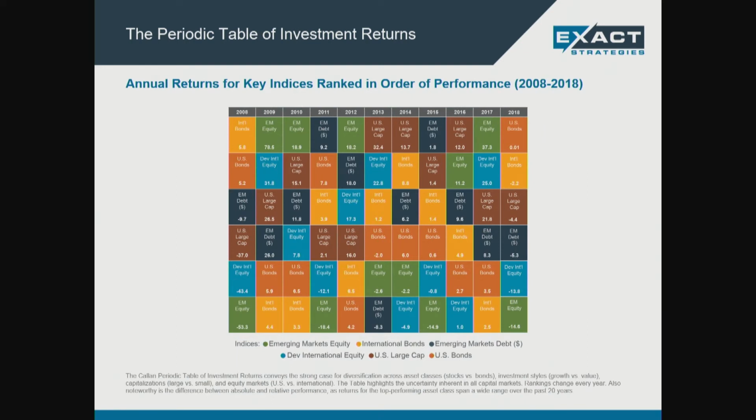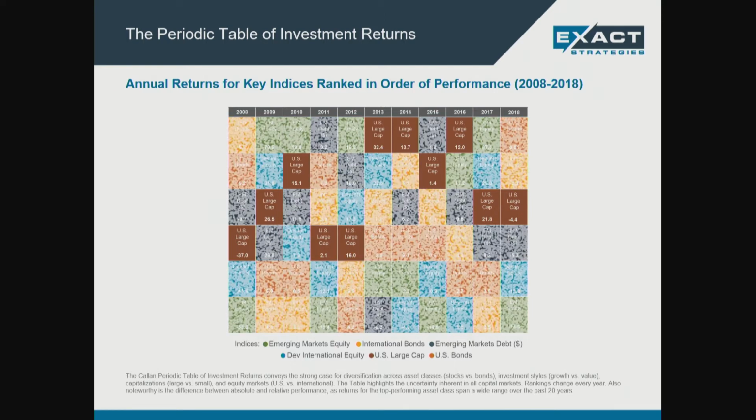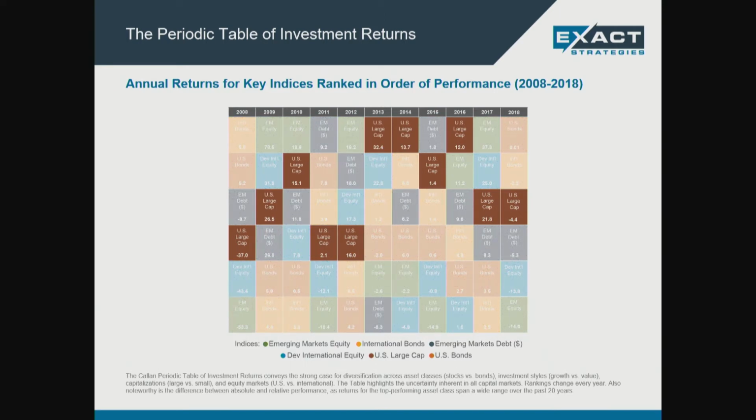And so we'll use this periodic table of elements to sort of display that. If we think about traditional asset allocation, we're looking at returns of the 6 major asset classes from 2008 through 2018. Most firms will tell you, look here, we've highlighted U.S. equities in this particular case, down 37% in 2008 and up as much as 32% in 2013.